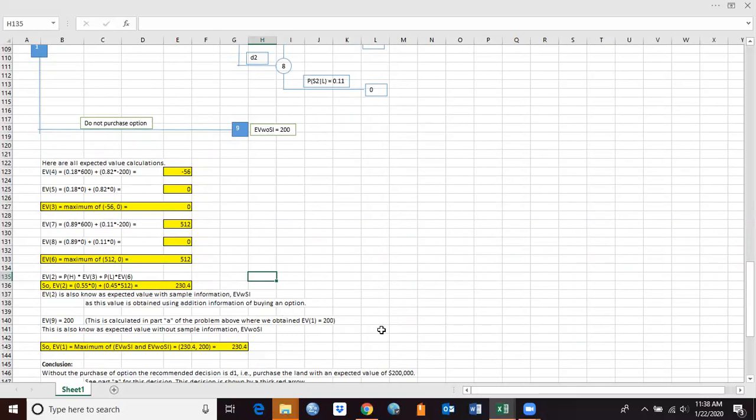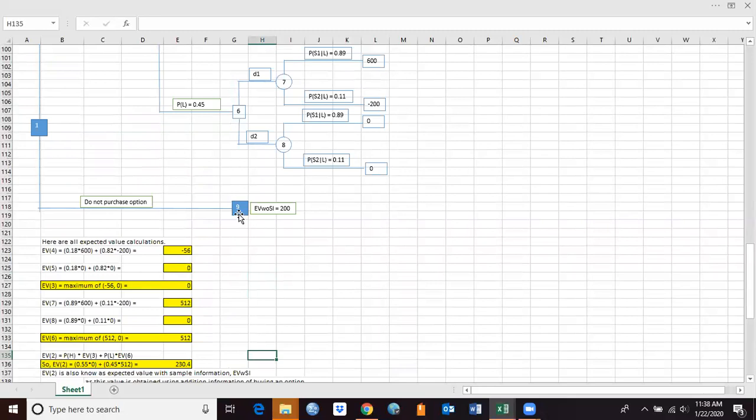We have also already calculated the expected value without the sample information, which means expected value when the market information is not taken into consideration, and that came out to be $200,000.